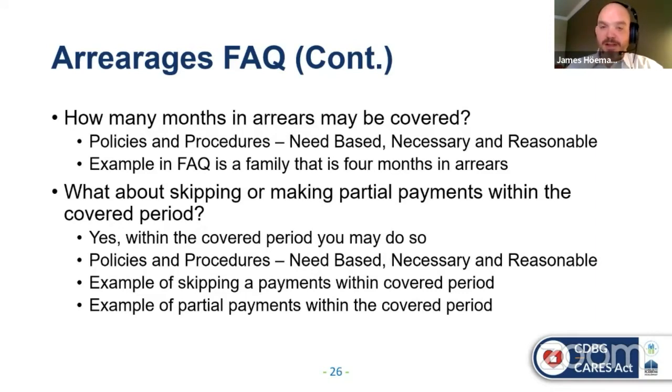So let's just say at month 4, that second individual is able to secure employment, and then they are able to make their full rental or mortgage payment. So at that point, the need is met. They're able to make their rent and mortgage payment. So CDBG would stop at that point, and the individuals would be out of that emergency situation, and they would be able to continue moving forward with making their payments.